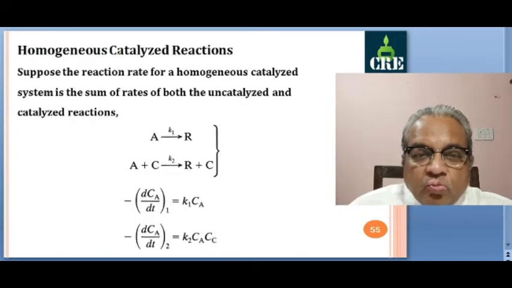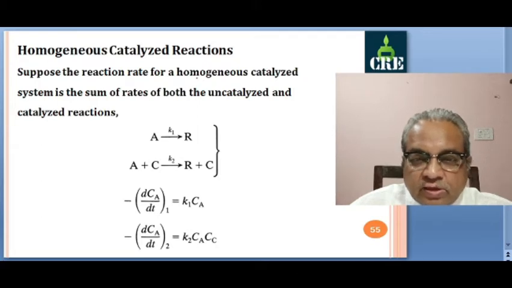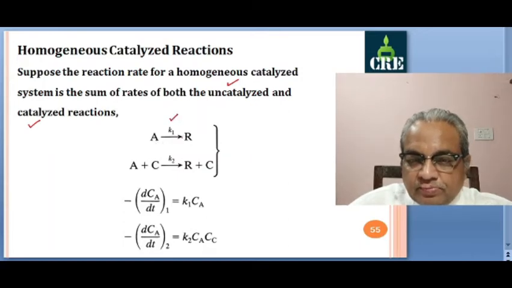Then we will see homogeneous catalyzed reactions. So liquid phase reactions, you consider, you are adding say some acid catalyzed reaction, you add some amount of acid as a catalyst in liquid phase reactions. So in a homogeneous catalyzed system, the rate is the sum of the rates of both uncatalyzed and catalyzed reactions. If catalyst is absent, A giving you R with rate constant K1.